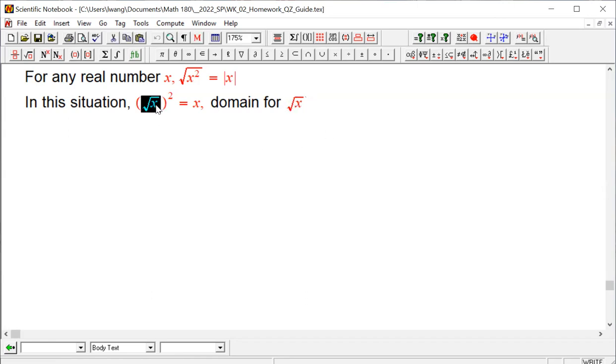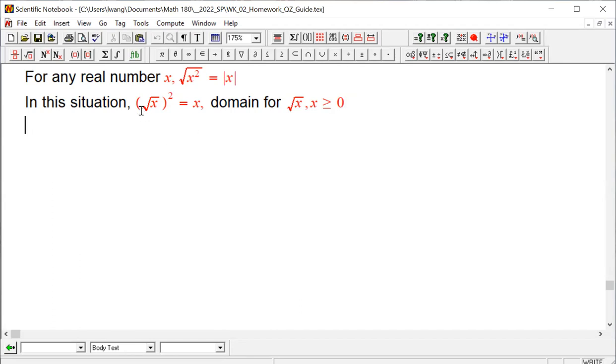In the order of operation, you have to do the square root of x, and then we square, right? So when we process the square root of x, we have to understand the domain of that is greater than or equal to 0. We have done the discussion in the first week, right?